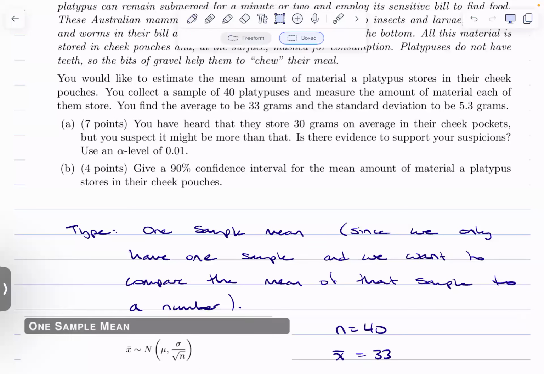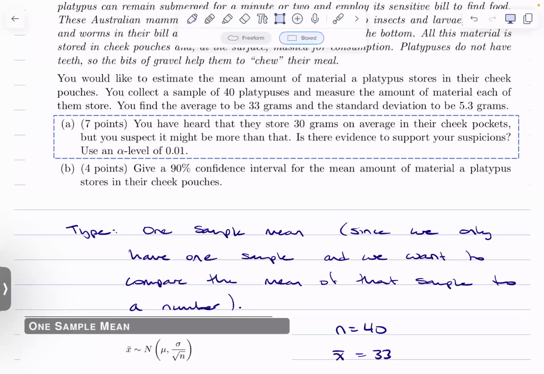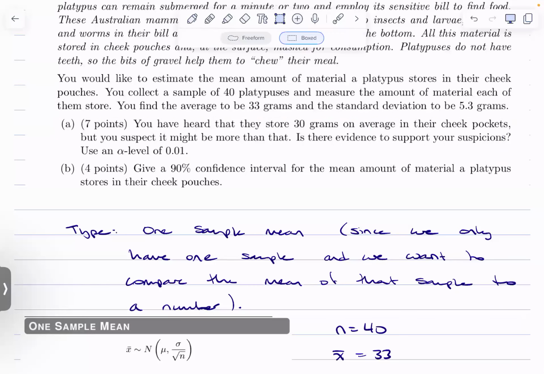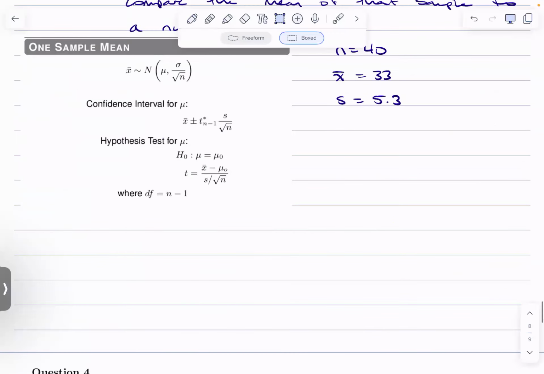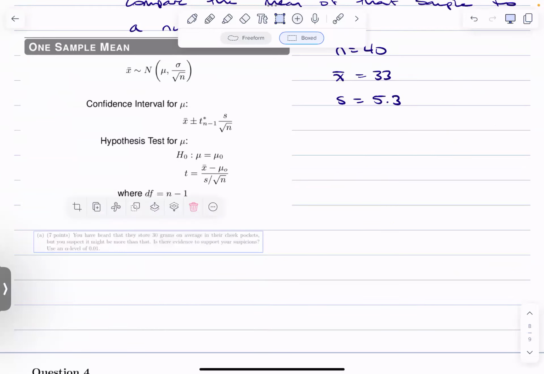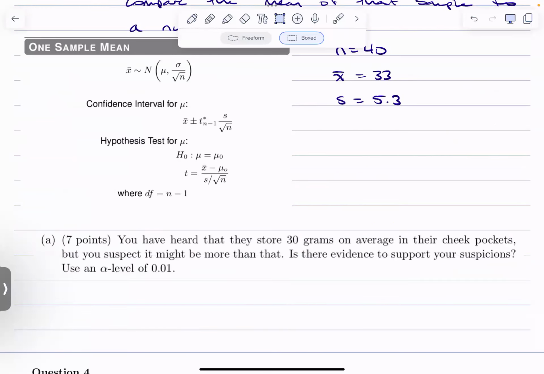Now, part A, which is more in line with how I tend to ask questions. You've heard that they store 30 grams on average in their cheek pockets, but you suspect it might be more than that. Is there evidence to support your suspicions? Use an alpha level of 0.01.